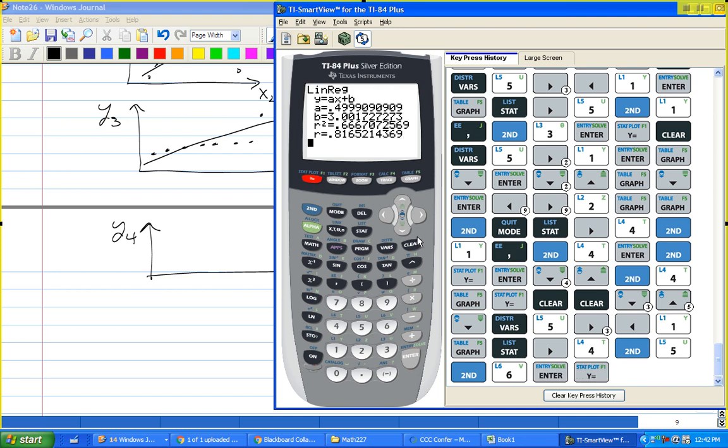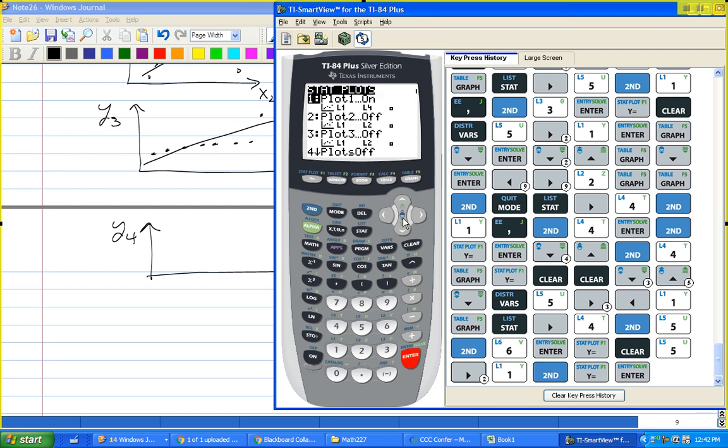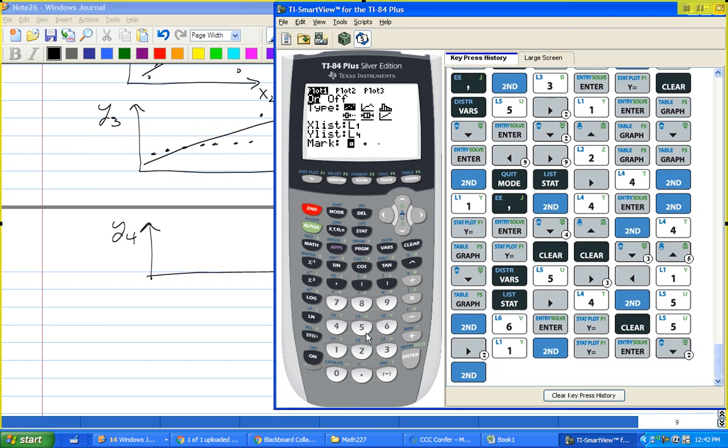Let's put in the regression line. And we want to plot 5 and 6, L5, L6.